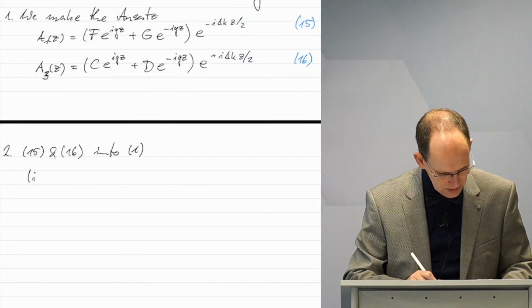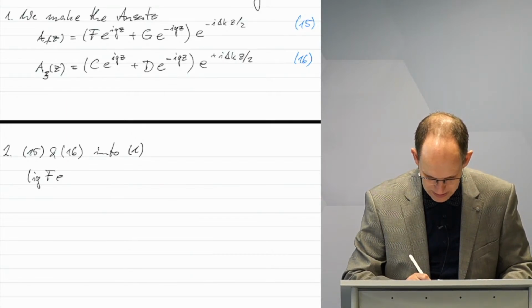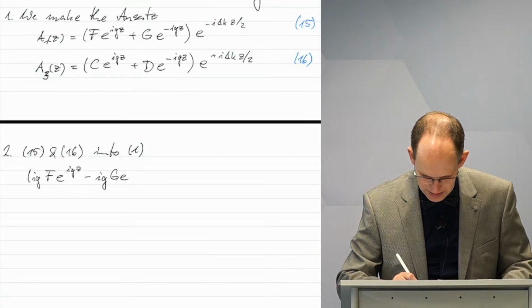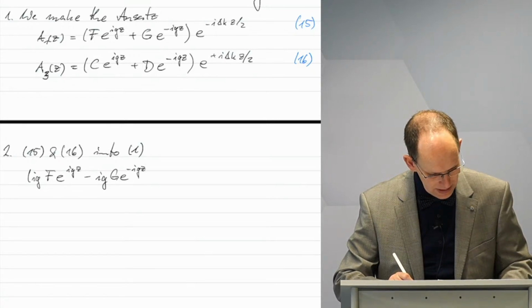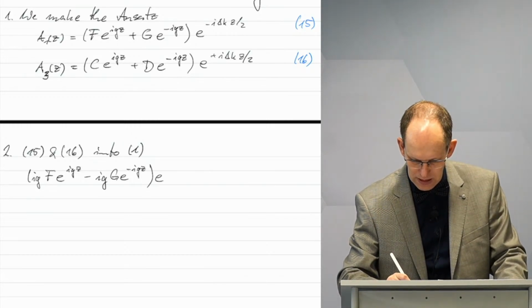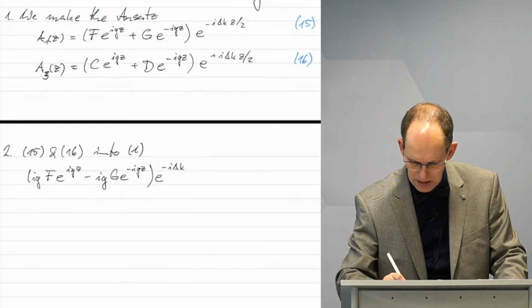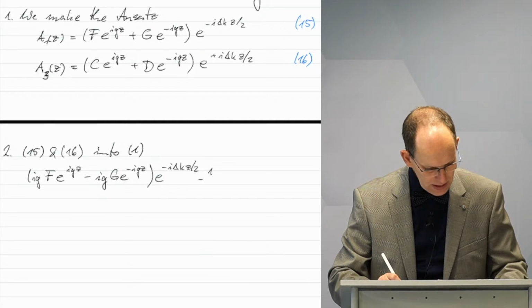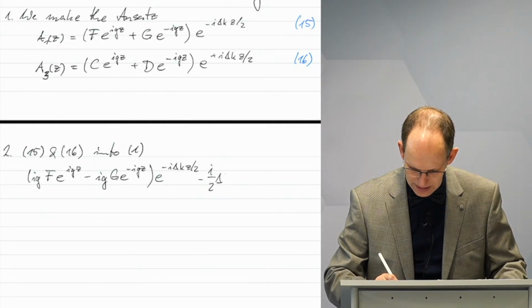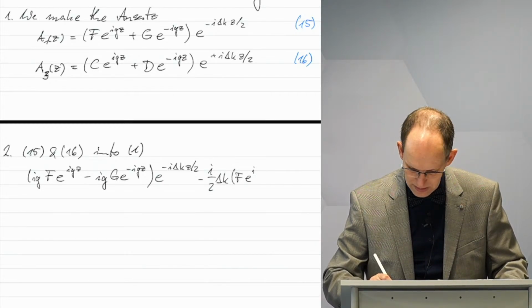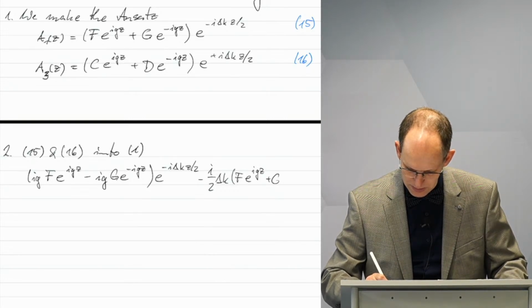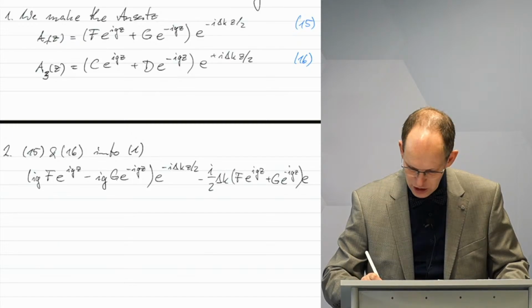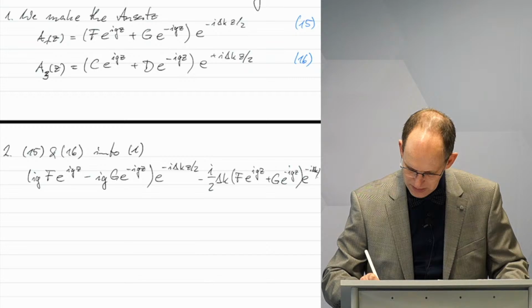What we get using the product rule would be i g F e to the i g z minus i g capital G e to the minus i g z, and then this exponential with the phase mismatch delta k, minus i over 2 times delta k times F e to the i g z plus capital G e to the minus i g z, and again this exponential minus i delta k divided by 2.